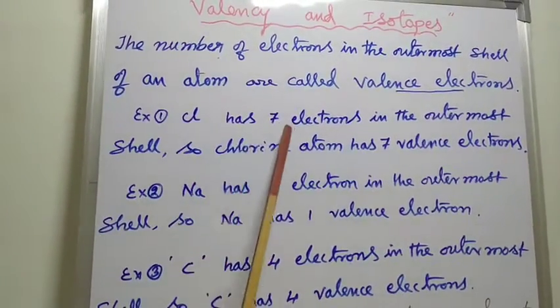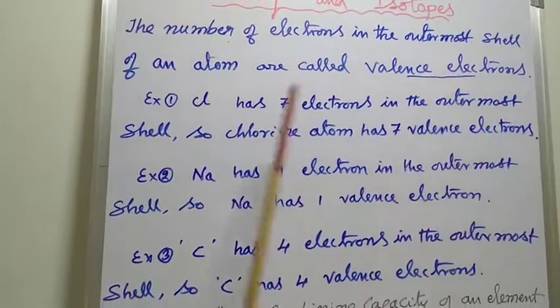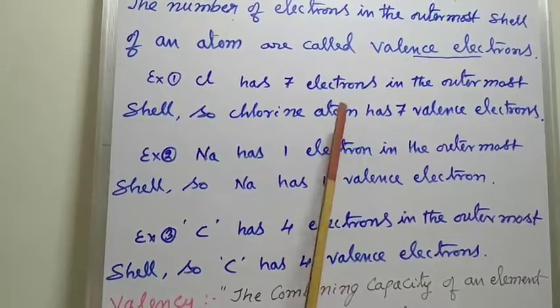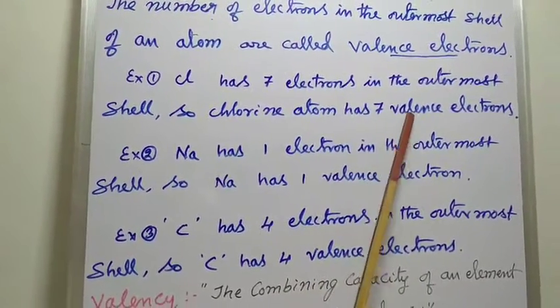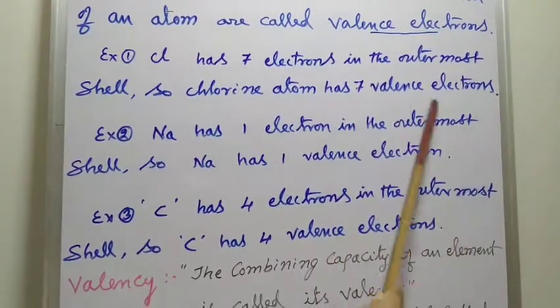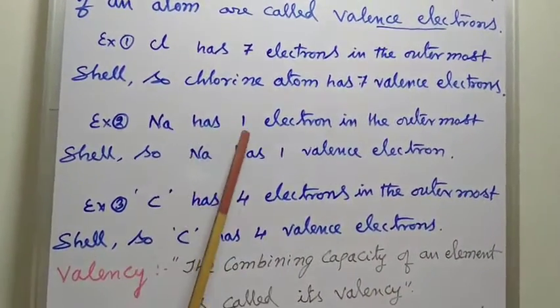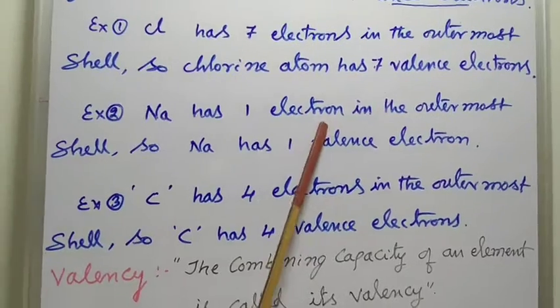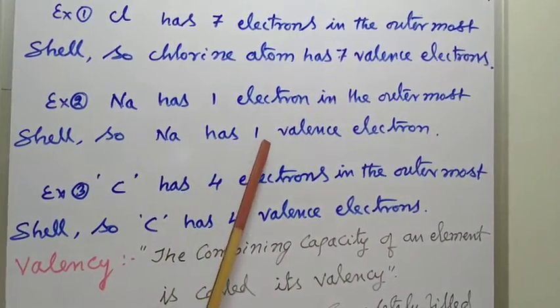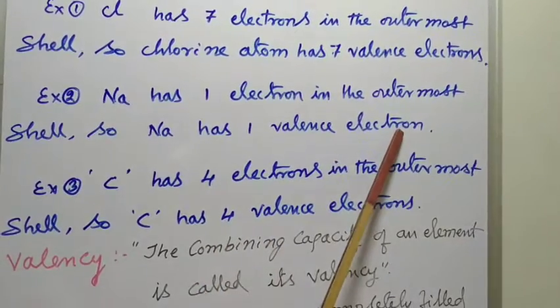So chlorine has 7 electrons in the outermost shell. So chlorine atom has 7 valence electrons. They are called valence electrons. Similarly, sodium has 1 electron in the outermost shell, so sodium has 1 valence electron.